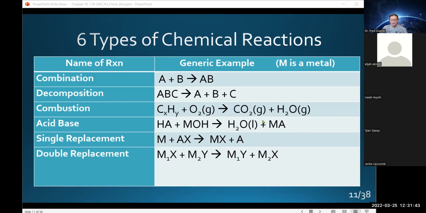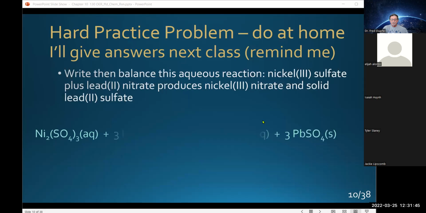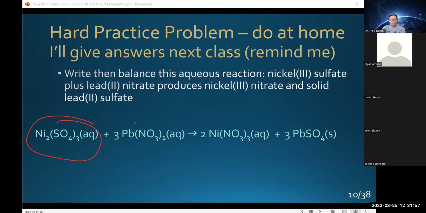This is very similar to the one we did. Remember this one before we left? We had the two ionic compounds, nickel 3 sulfate and lead 2 nitrate. They were both soluble, denoted by the AQ, okay? They exchanged partners, so now it became nickel nitrate. We look up the solubility rules, nickel nitrate is soluble, it's AQ, so we write AQ.